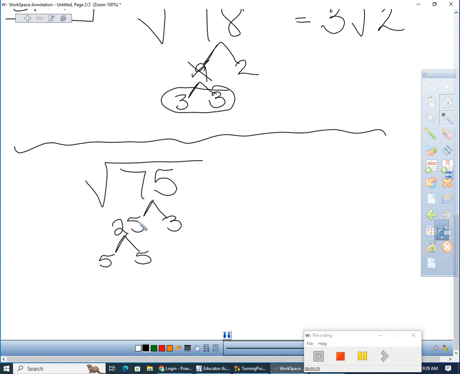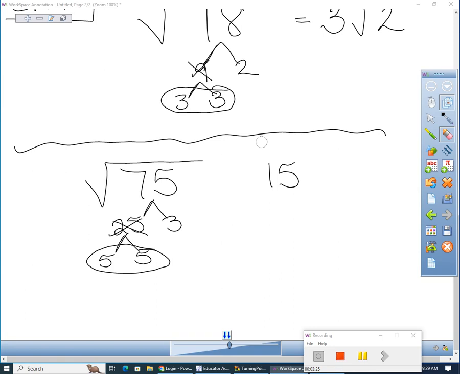Good. And I'm going to cross out the 25 so I don't get mixed up. So now, is there a number that has a friend? The 5's have a friend. Okay, so that means it gets to go out. And the 3, whoops, I don't know why I just wrote 15. Sorry, my bad. And left at home is a 3.